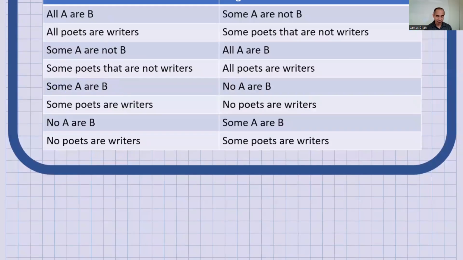Some A are B would mean that no A are B. So if you guys notice, it goes from all to some to no, and then it goes backwards as well. So some would go to all, no would go to some. Okay?